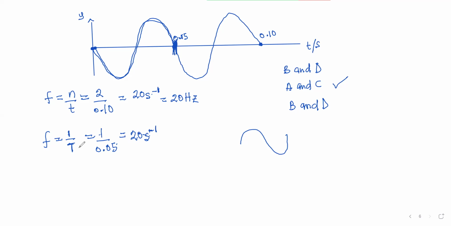Okay, so the next question, question 14, says which wave has the longest period? So look at it and then share it with me.